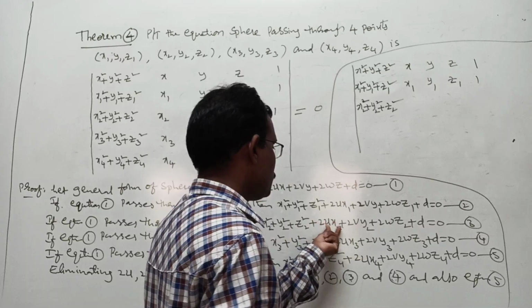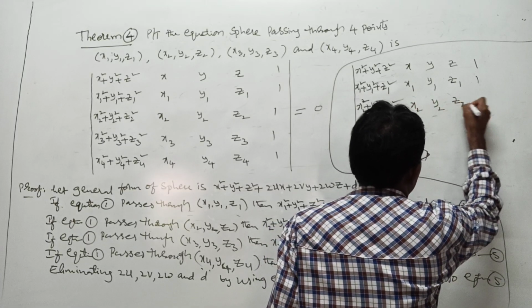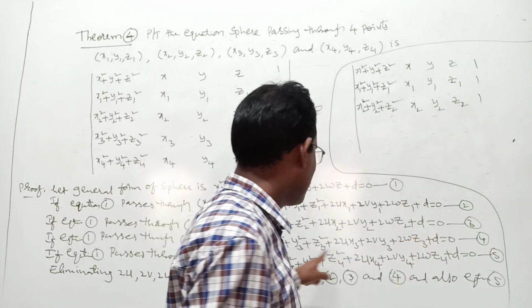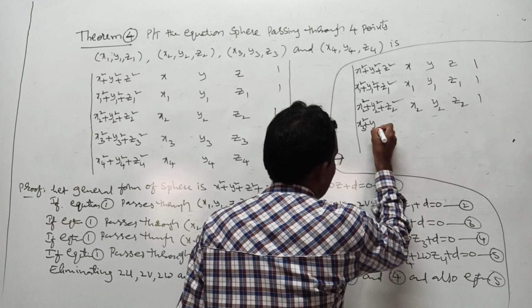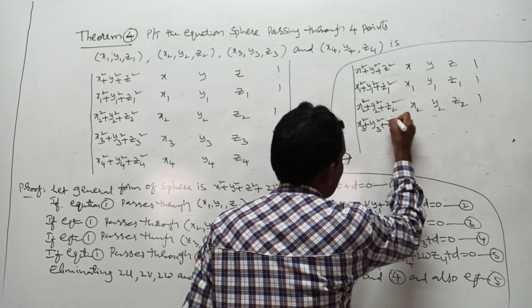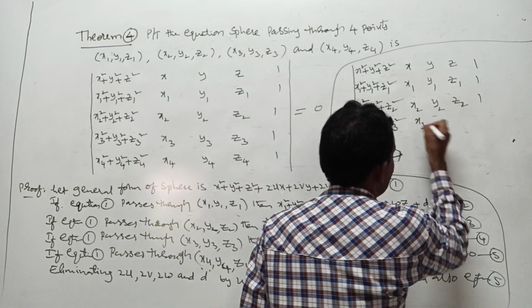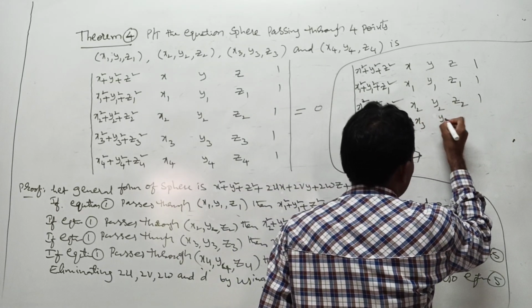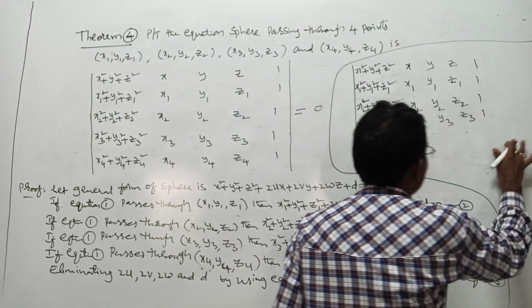Next x2, y2, z2 and the d coefficient is 1 in the third equation. Go for the fourth equation. Here it is x3 square plus y3 square plus z3 square. Next the 2u coefficient is x3, 2v coefficient y3, 2w coefficient z3 and d coefficient is 1.